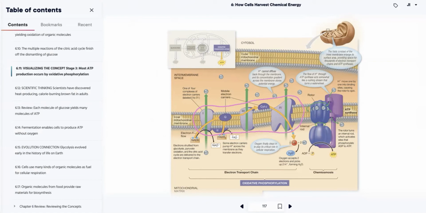And you might notice that electron transport is taking electrons from NADH and ultimately putting those electrons onto oxygen. The electrons are just flowing from molecule to molecule, but ultimately those electrons are put onto oxygen, and we end up with water as the end product. That's what we just said.